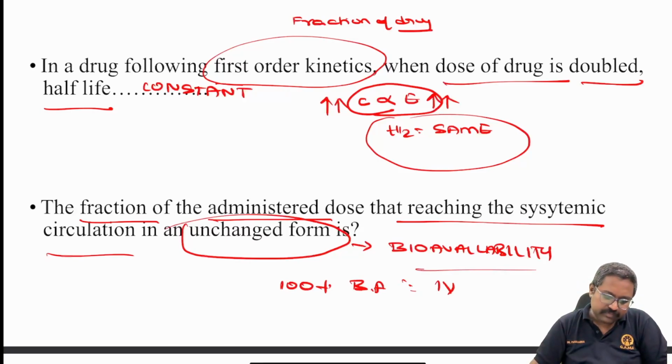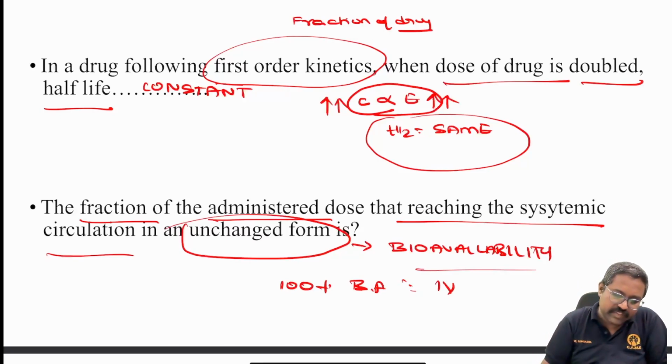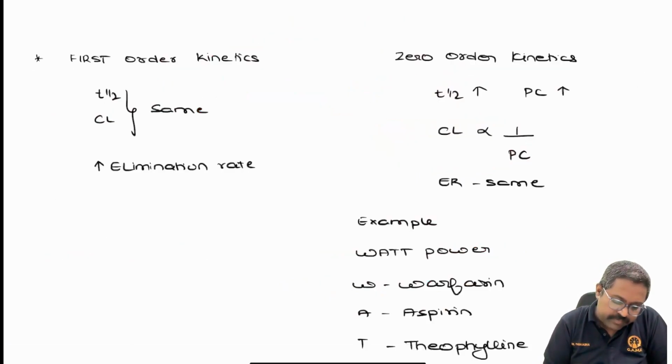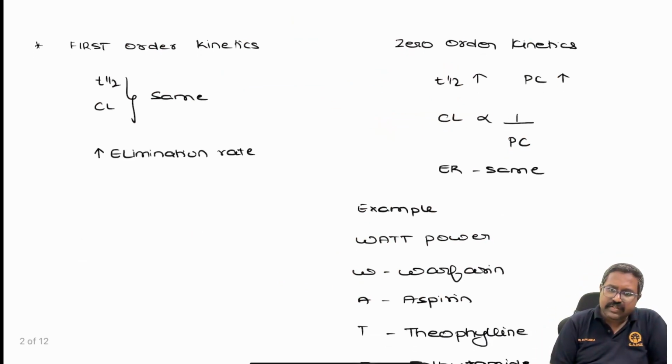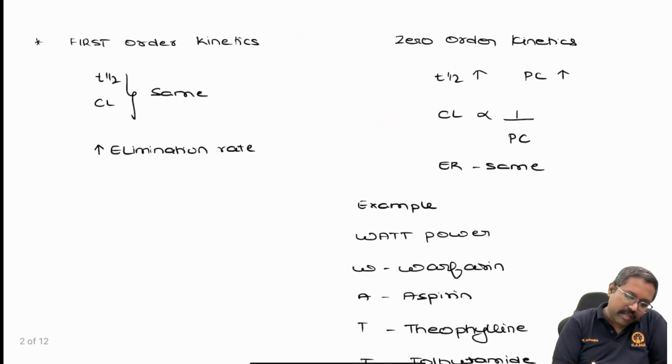So here let us understand the concept with respect to some of the findings. That is first order kinetics. In first order kinetics, let us see what happens to the half-life. Even if you increase the concentration, the elimination will be proportional.